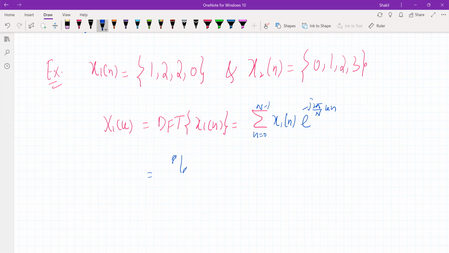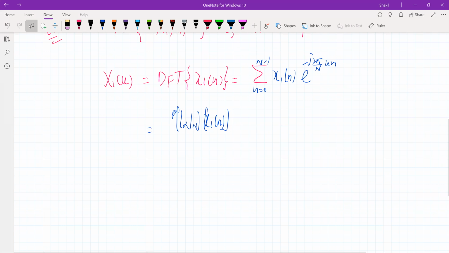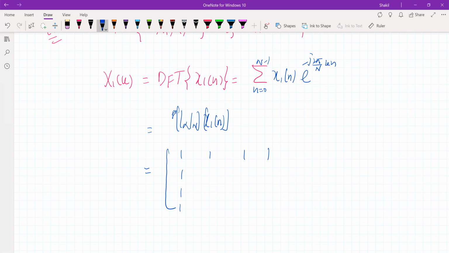So this will be simply the twiddle factor matrix multiplied by x1 of n, and these are arrays, where W_N is the twiddle factor matrix. We already derived it for the 4-point. If you remember, this is 1, 1, 1, 1, then 1, and I believe the values are, if I remember correctly, minus j, minus 1, j.